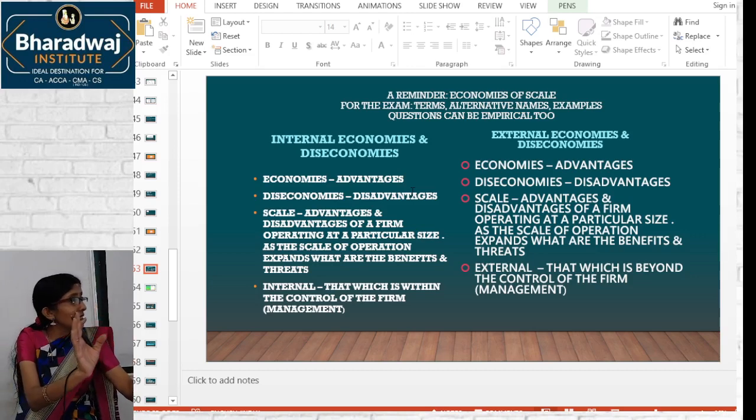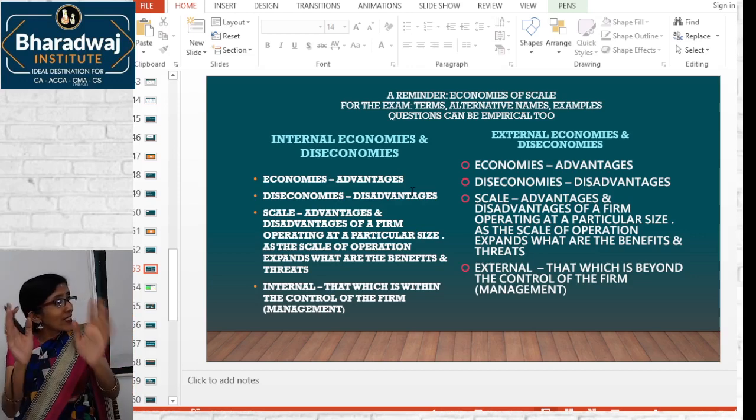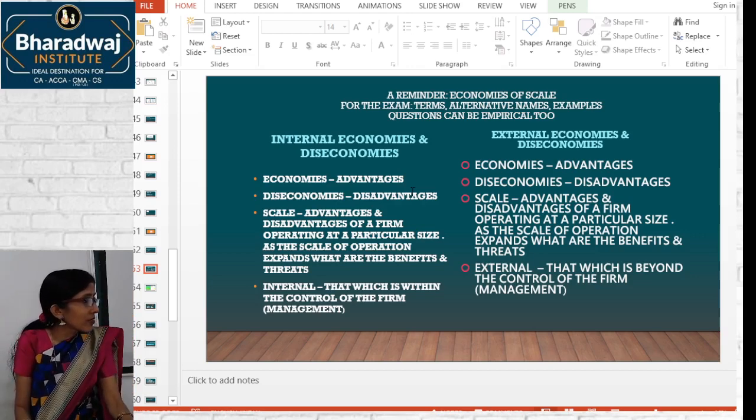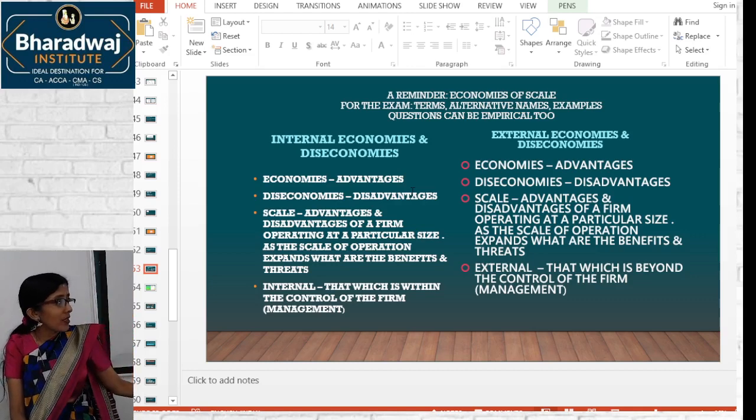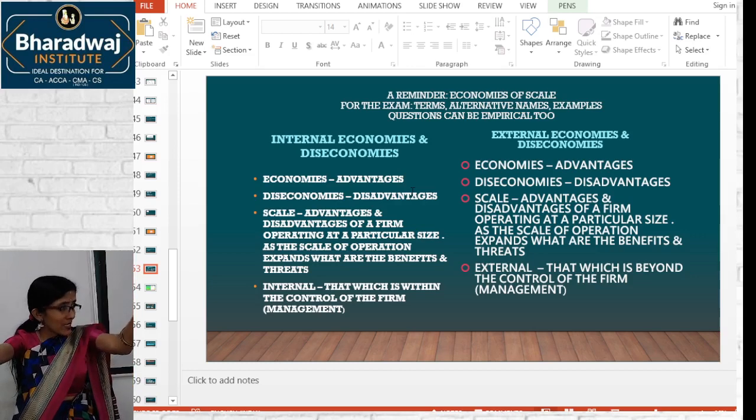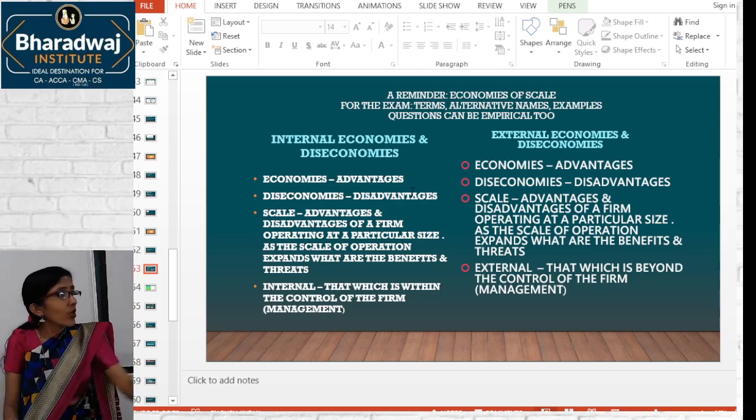So what are the advantages it is facing? What are the disadvantages it is experiencing? Can you understand? Very simple. A firm grows. Over time, it expands. Once it establishes itself as a large-scale entity, what are the advantages? What are the disadvantages? As simple as that.